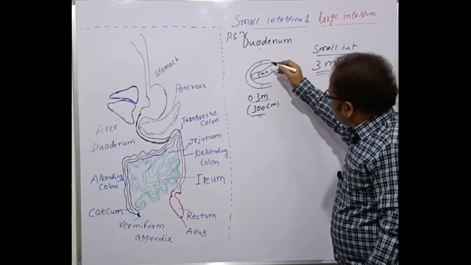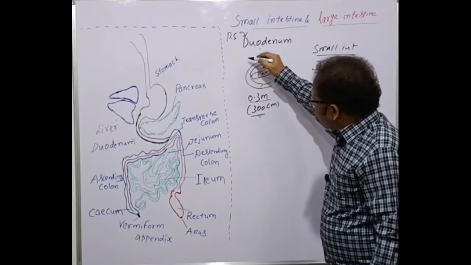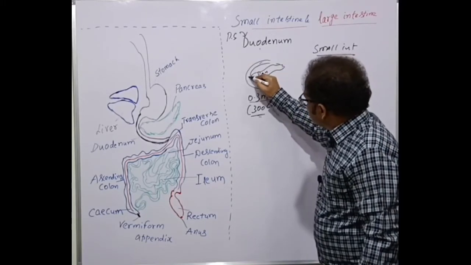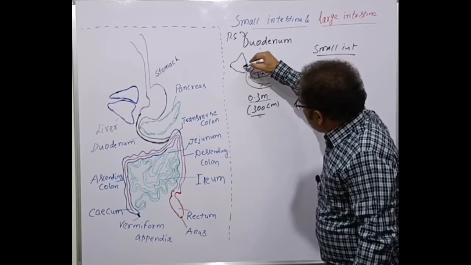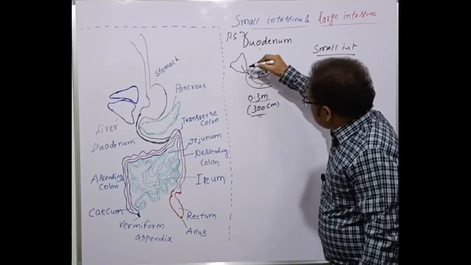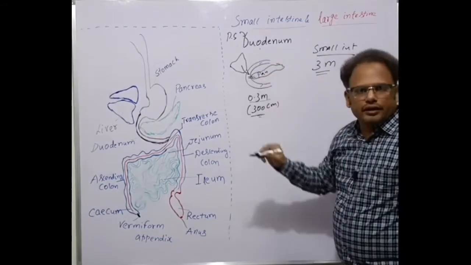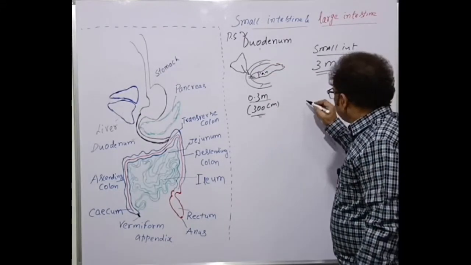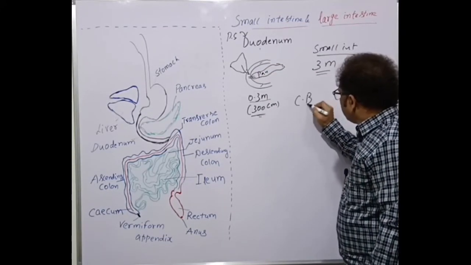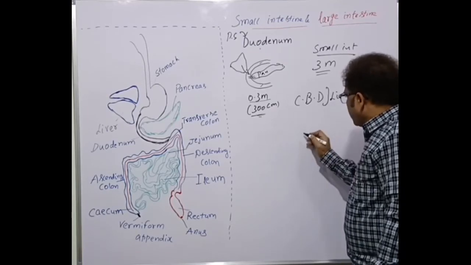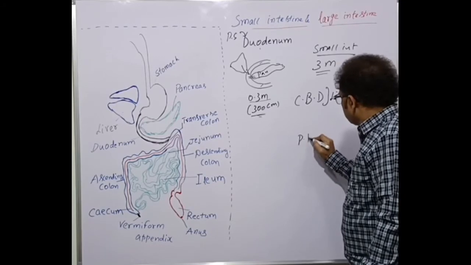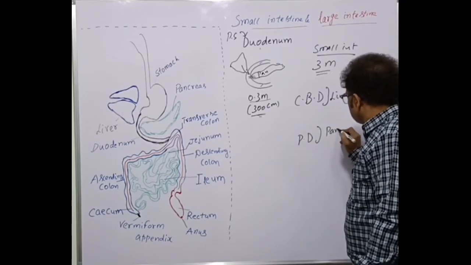So the duodenum receives the pancreatic duct, and the liver is present here, and from the liver it receives the common bile duct. So the common bile duct from the liver, and the pancreatic duct from the pancreas.